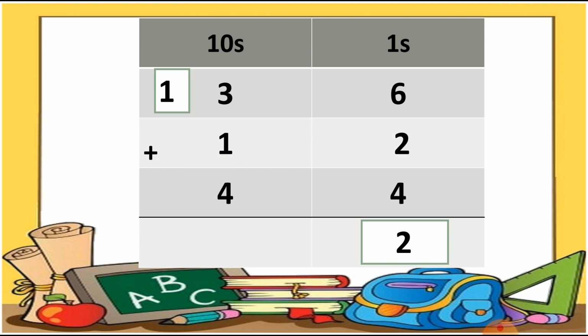Now you can see here I put number 1 as a carry forwarded number at the tens column. Now we can add these 4 numbers together, which is 1 plus 3 plus 1 plus 4. We have to add these 4 numbers together, and the answer is 9. So our final answer is 92.